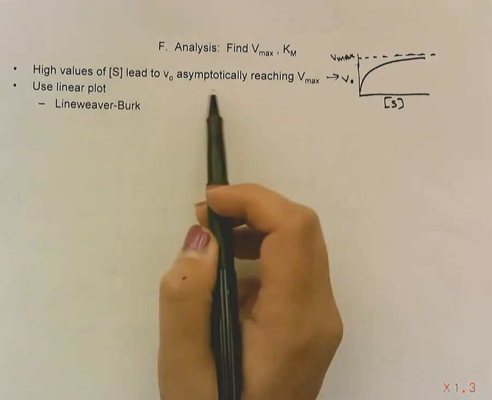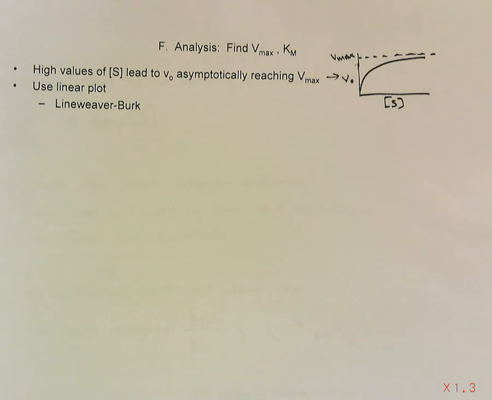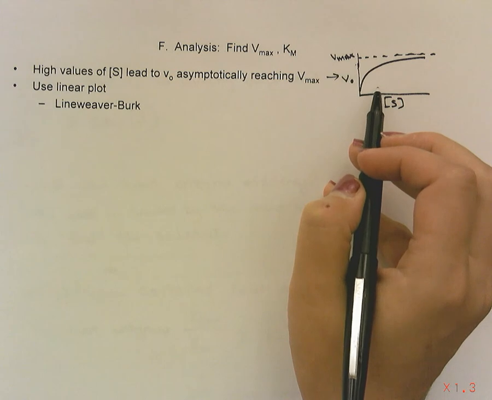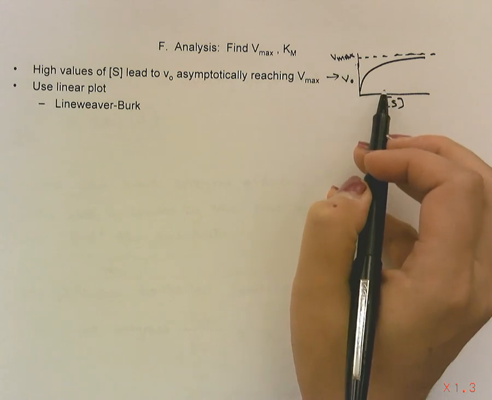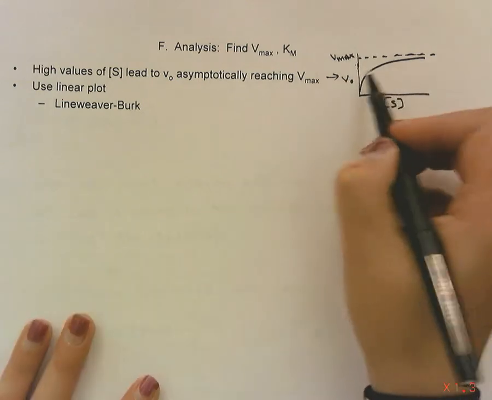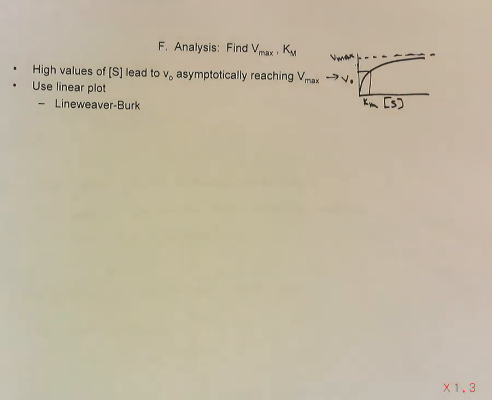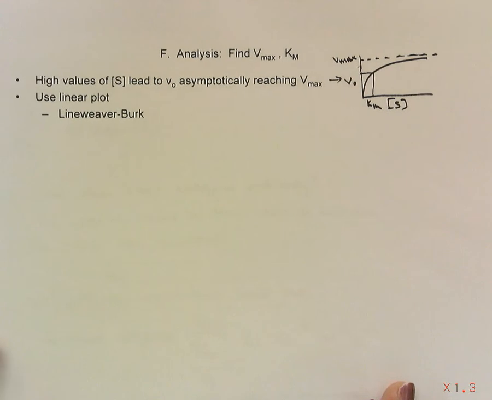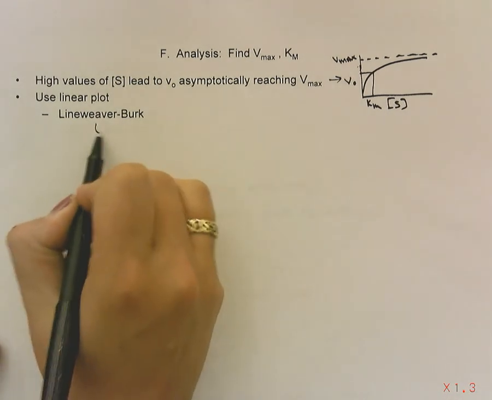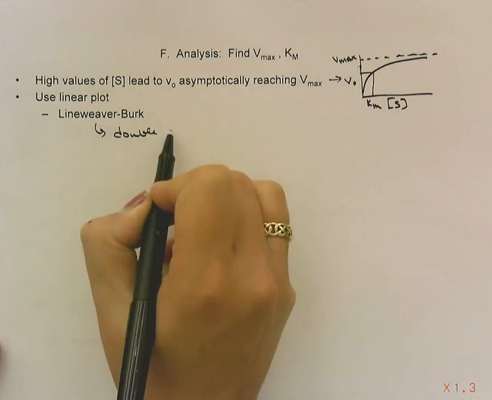But I want to know Vmax numerically, and I can't find it from this type of curve. Km was at 1/2 Vmax, but if we don't know what Vmax is exactly, we can't make a good measurement of Km. So we're going to replot the data linearly to be able to pull out some of that information. We are going to use the Lineweaver-Burk plot, which is a double reciprocal plot.